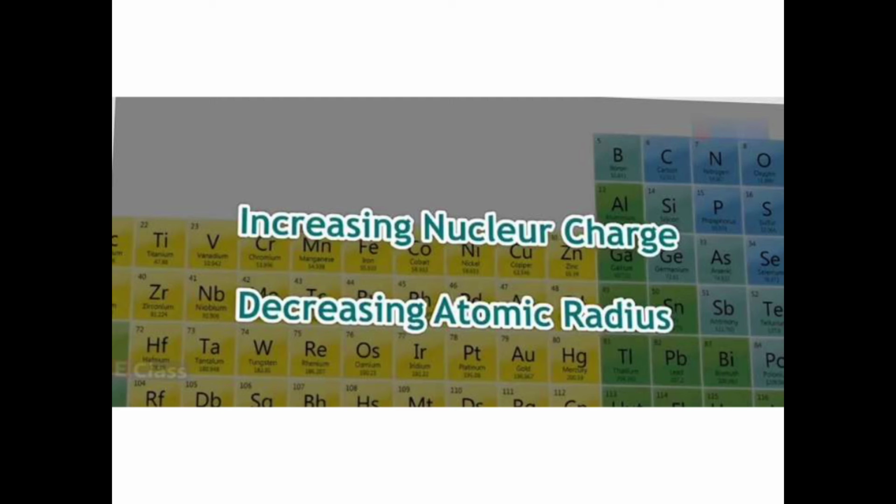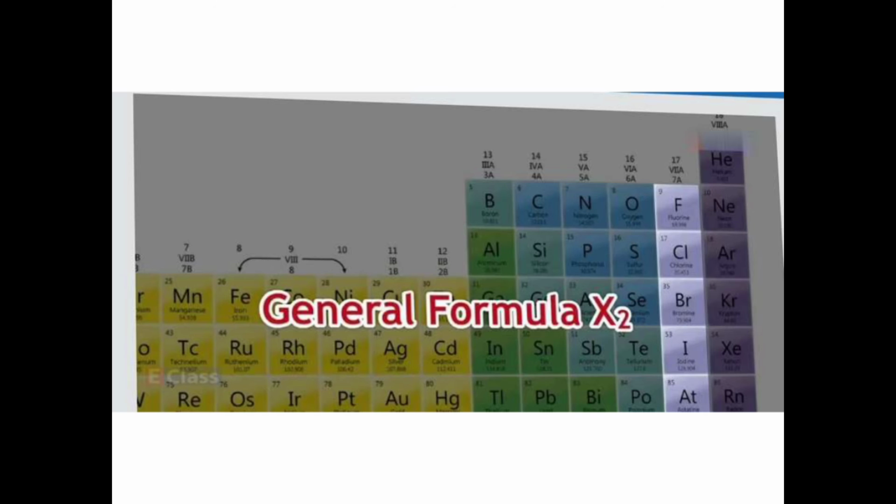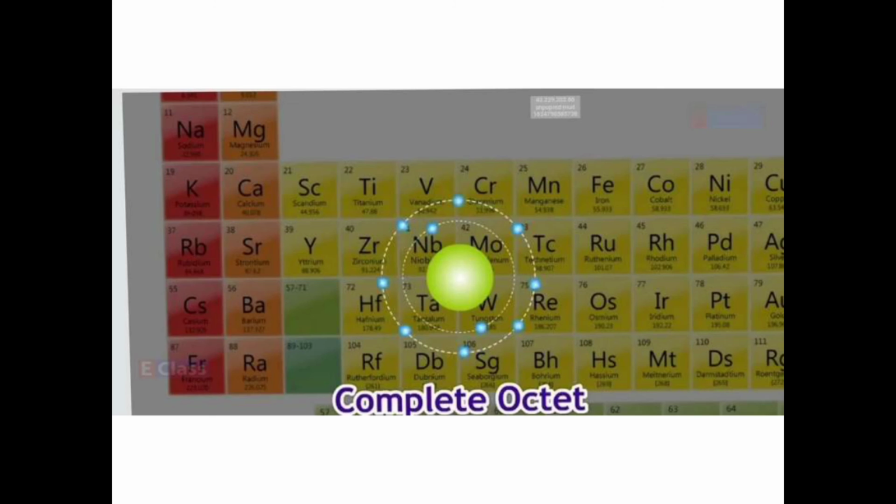Now moving towards the periodic trend in the metallic character of elements. It is clearly understood by their position in the periodic table. First, we consider the metallic character of elements belonging to the same group. Let us consider all the elements belonging to group 1.